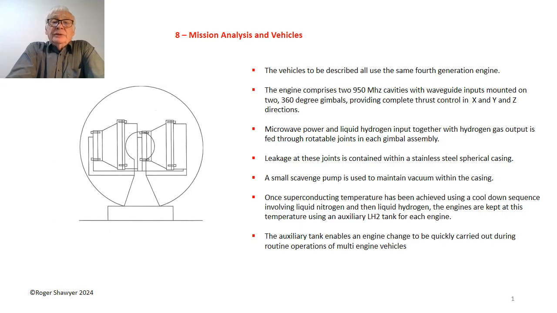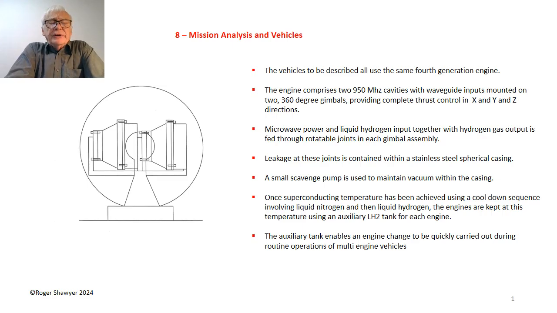Now we have to get both microwave power and liquid hydrogen into these cavities, and they need to be transmitted through the rotatable joints at each gimbal assembly. This is a bit of an engineering challenge, designing these joints, and inevitably there is a small amount of leakage.